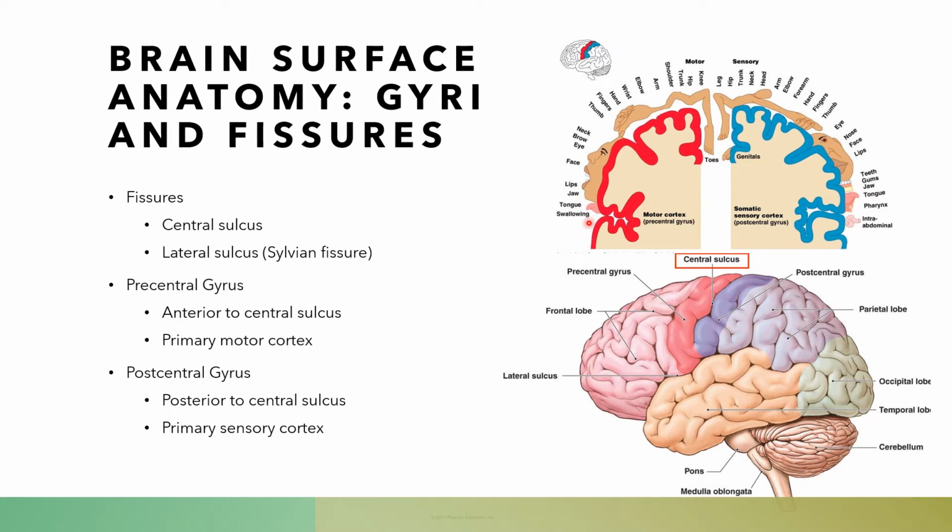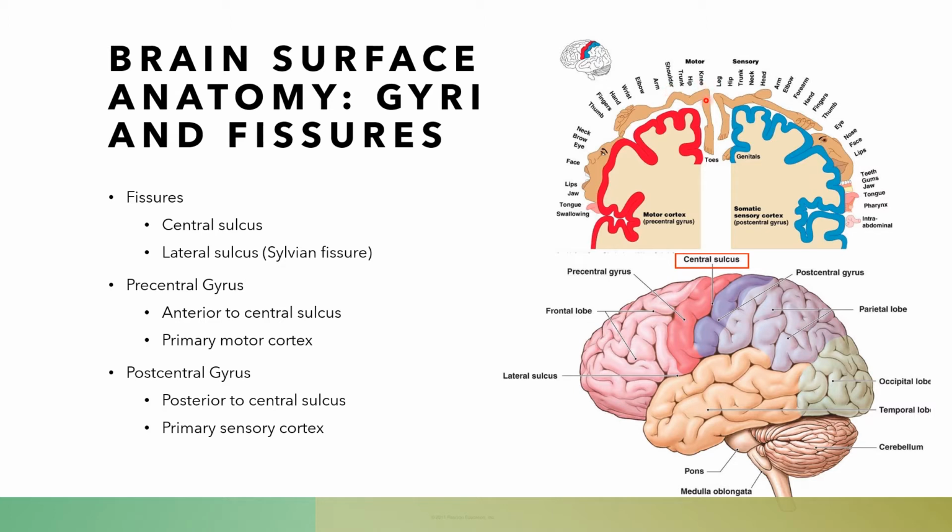So as you notice, the face and the hands have a disproportionately large amount of area allotted to them. And this is because of the number of fine motor movements of the hand and the face, because there are lots of facial muscles and lots of muscles in the hands. So this has a proportionately larger area.